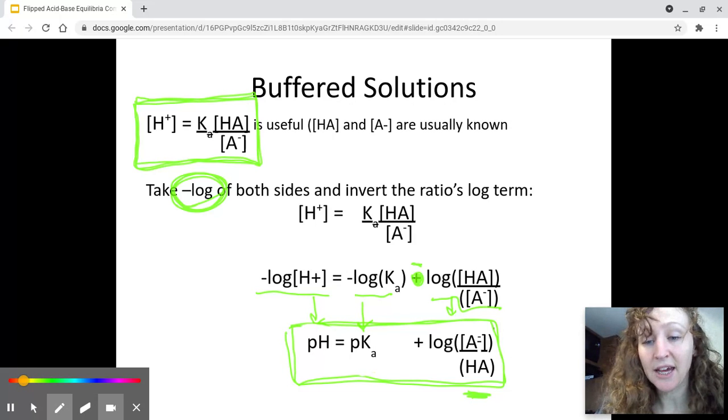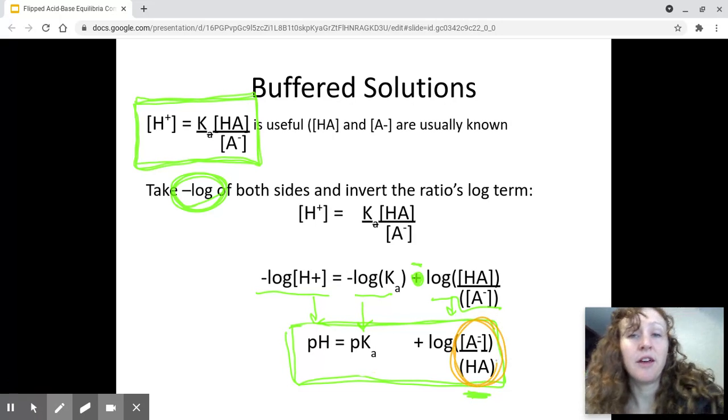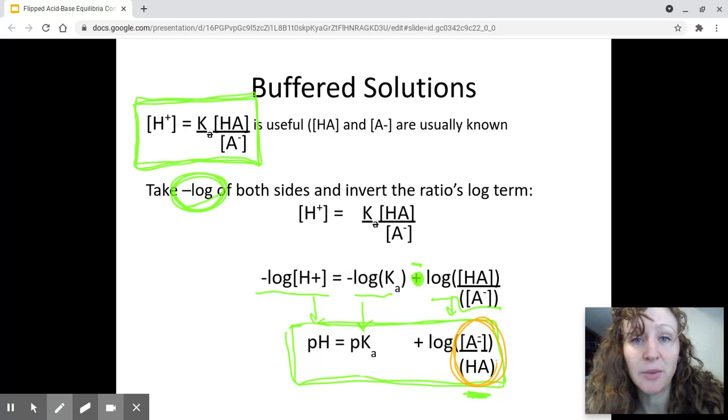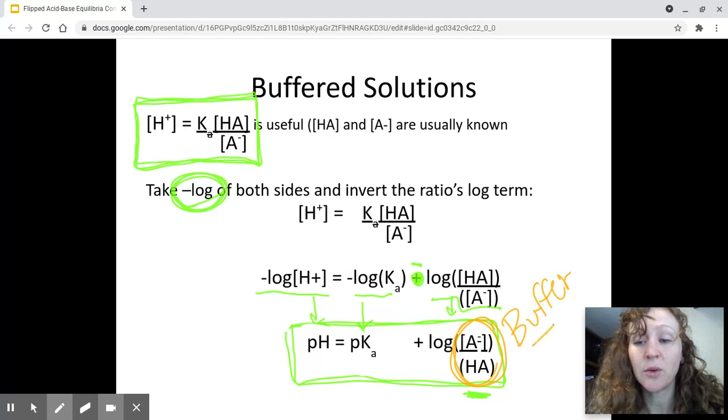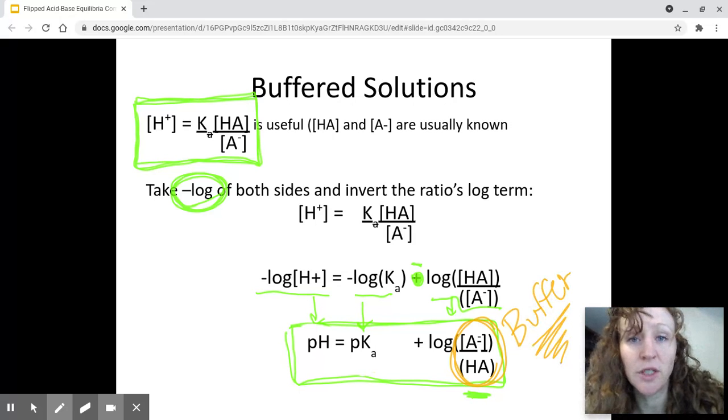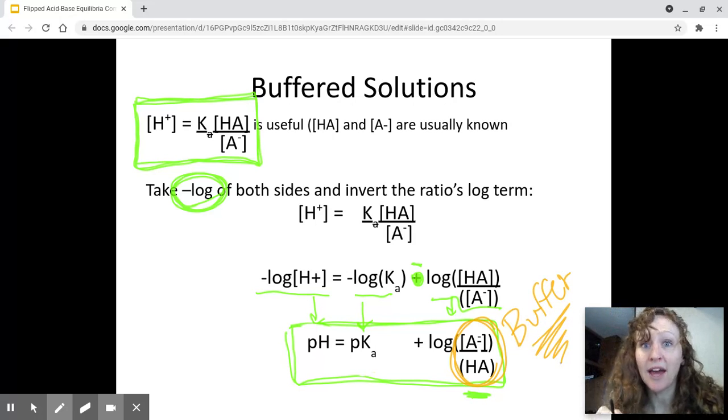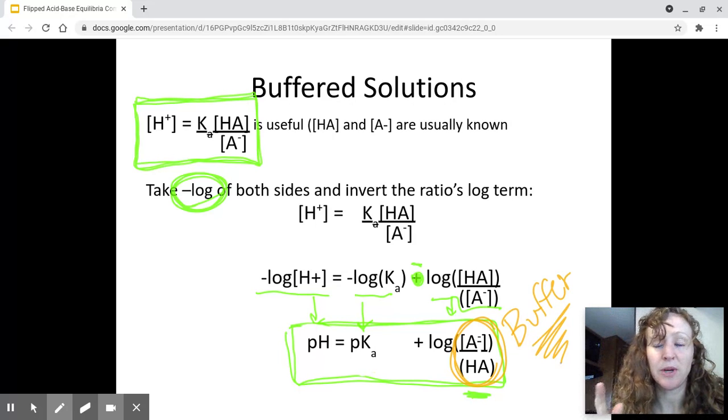You must have both the acid and conjugate base present. If you don't have the acid and conjugate base present, you cannot use this equation. If you have the acid and conjugate base present, you have a buffer. So this equation is for buffers only because it only works if you have the acid and conjugate base present. If one of those is missing, you cannot use this equation.